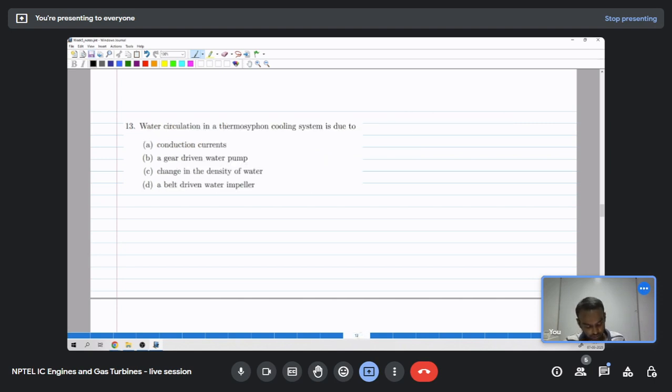Next question: water circulation in a thermosiphon cooling system is due to: conduction currents, a gear driven water pump, change in the density of water, a belt driven water impeller. Can you answer this?